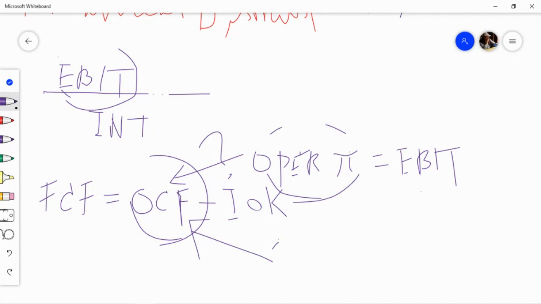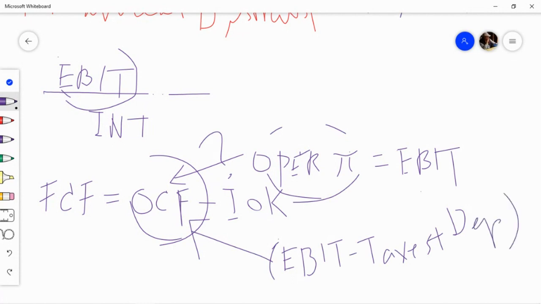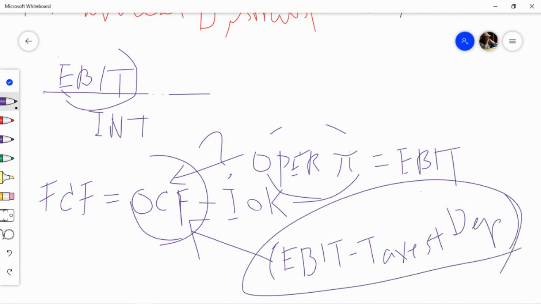you remember, operating cash flow is EBIT minus taxes plus depreciation, right? You add depreciation back into it. Why? Because depreciation is an additional source of cash.